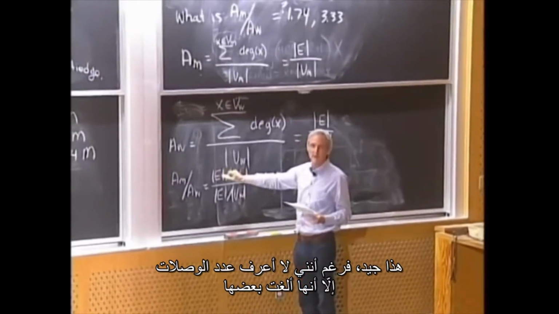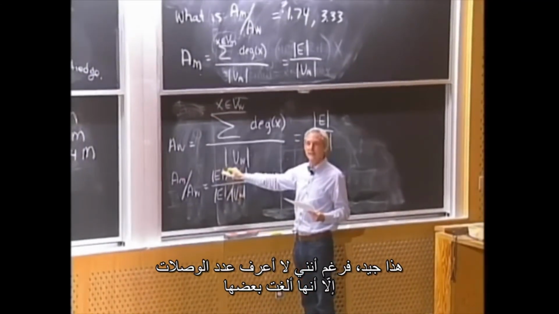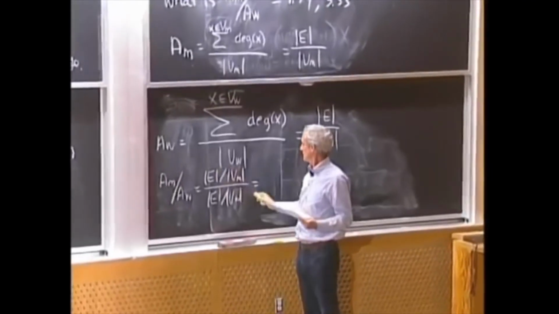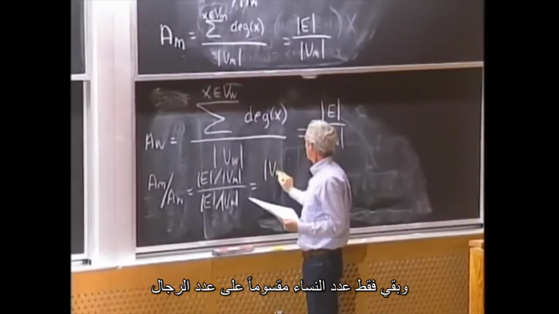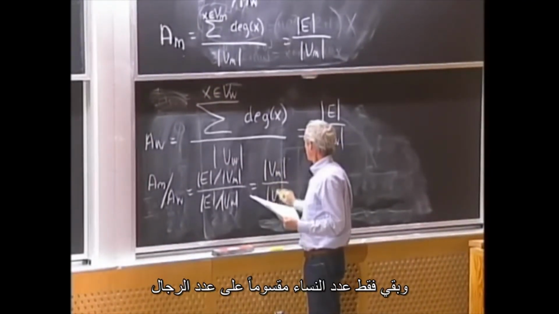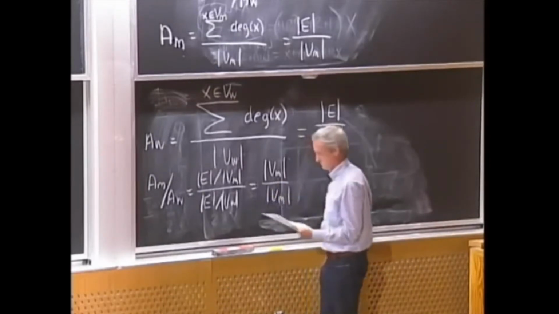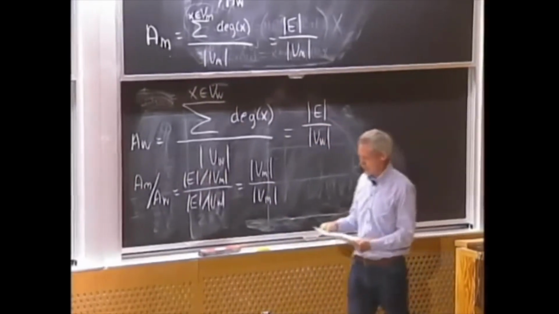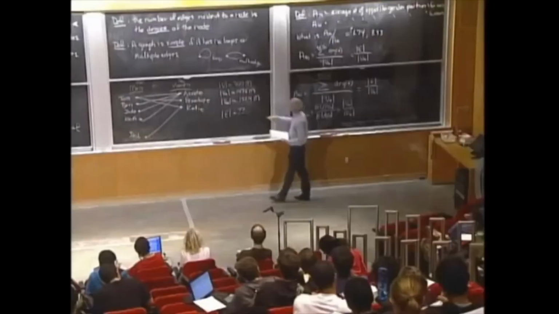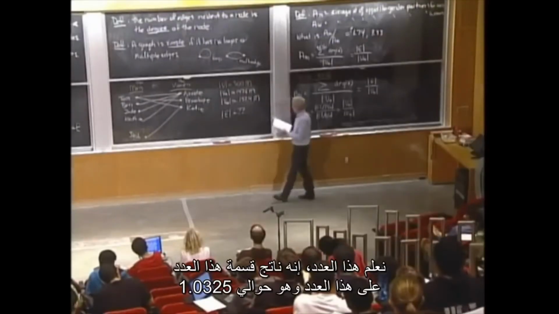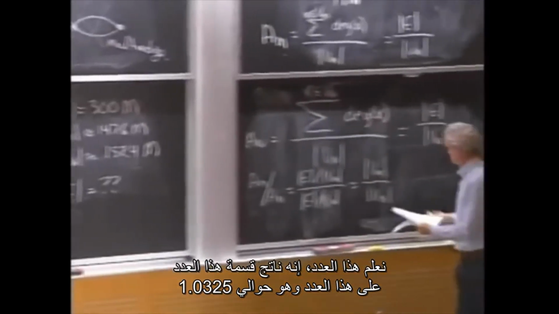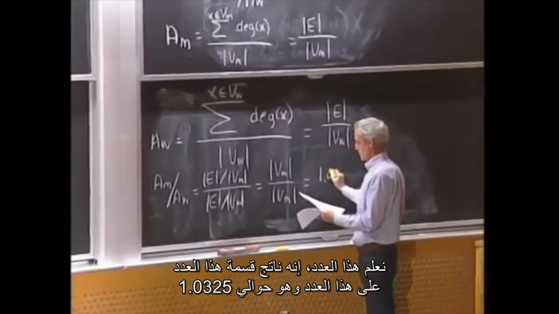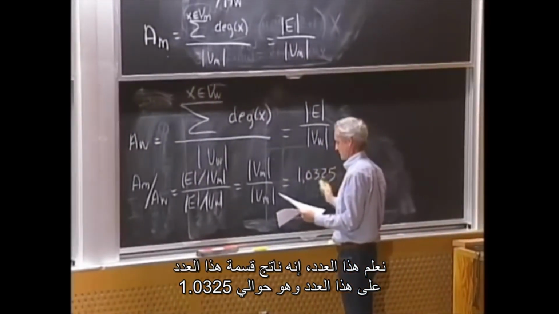I don't know what the number of edges is, but it just canceled out. And this is just the number of women divided by the number of men. And in fact, we know that's this number divided by that number, which is about 1.0325.